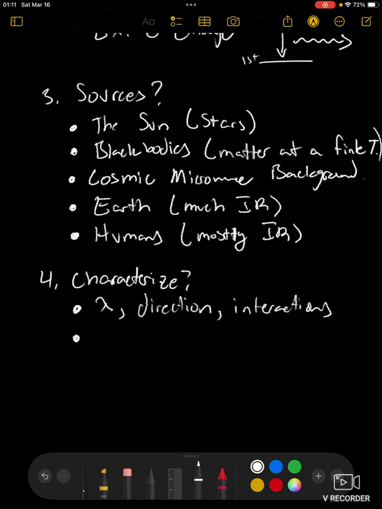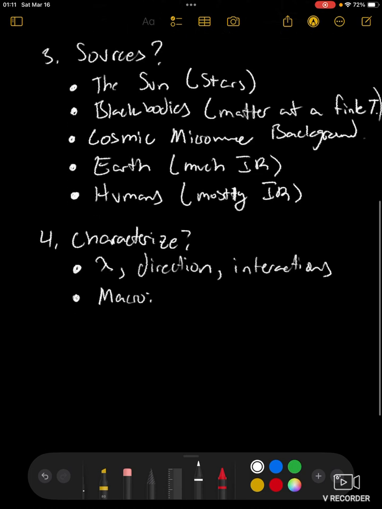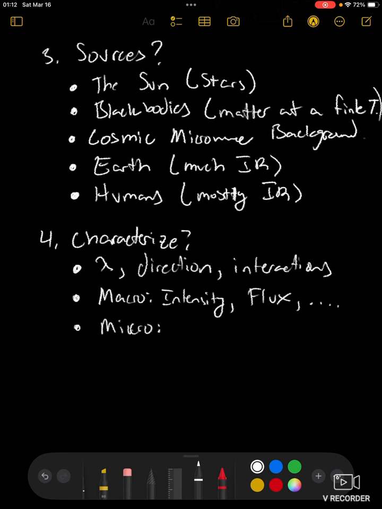All of that is true, but we're going to divide this up as we talk more about it. Macro definitions would be intensity, which we'll talk more about, and flux, and a little bit more. And there are some micro elements too, such as E or electric or magnetic fields, and some more.